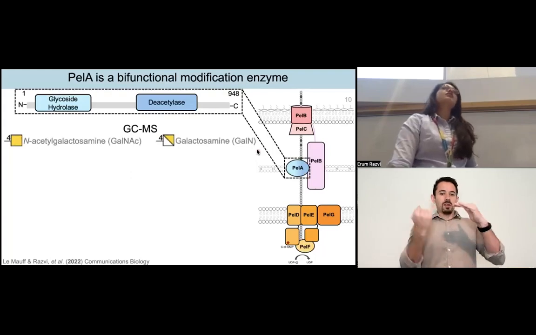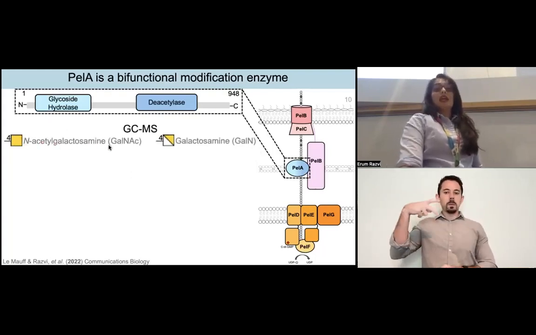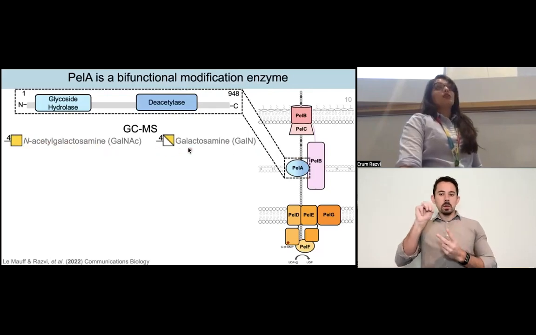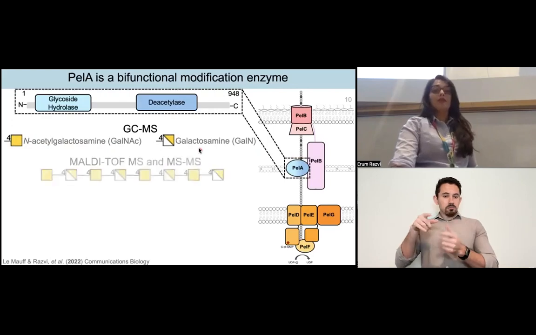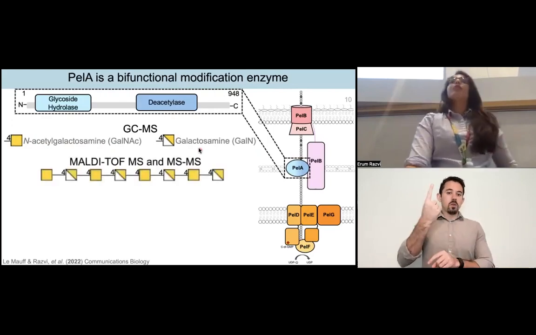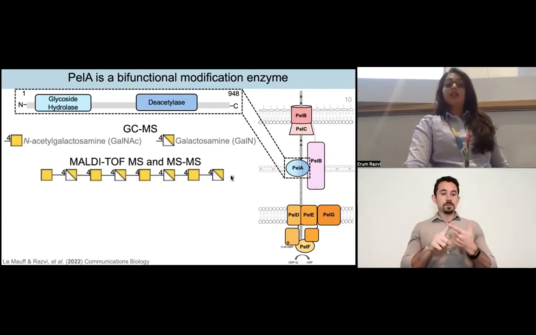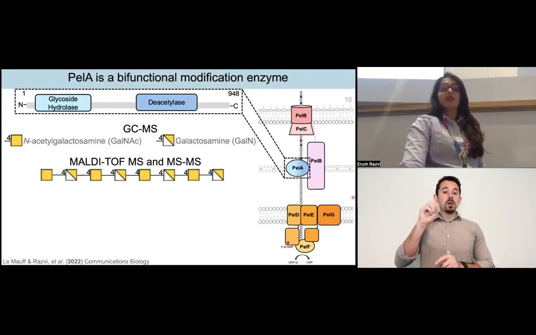GCMS analyses revealed that PEL contains N-acetylgalactosamine or GalNAc and galactosamine GalN that is 1,4 linked. MALDI-TOF and MSMS indicated that the monosaccharide arrangement of PEL contains predominantly GalNAc and GalN repeat units.